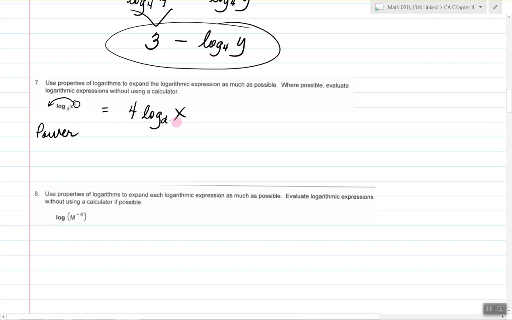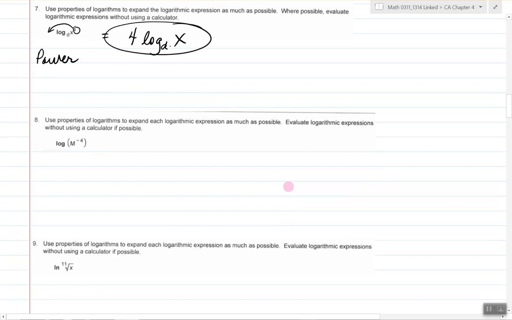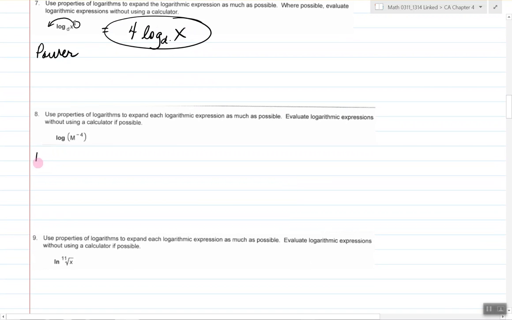And there's nothing I can do with that. All right, the next one, this is also the power rule. I see an exponent there. So this will be negative 4 log m, because the exponent becomes the coefficient. And that's all there is to it.